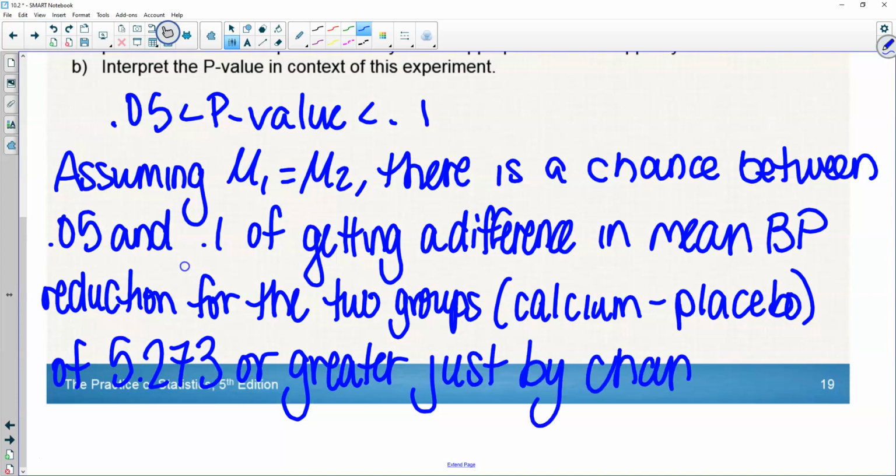And in this case, our chance was from the random assignment.